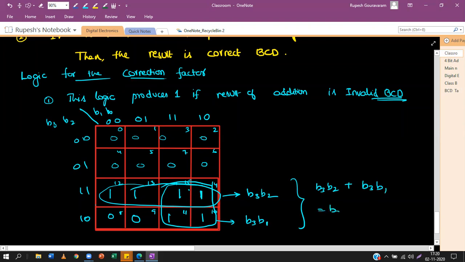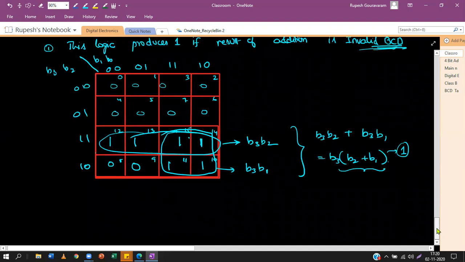If you take B3 as common, you will get B3 times (B2 plus B1). Whenever this logic is 1, the value that you have got from the 4-bit binary adder is invalid BCD. Got it? So now let us draw the circuit again.